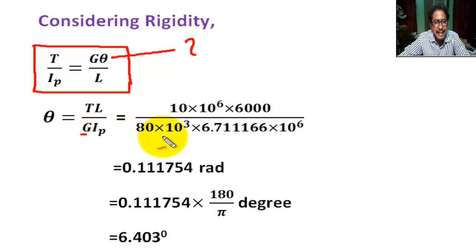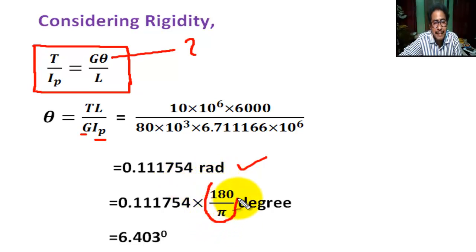Value of G, 80 into 10 to the power 3 Newton per millimeter square. Value of Ip, 6.71166 into 10 to the power 6. From this relation, we find out theta equal to 0.11754 radian. Now, we convert it into degree.